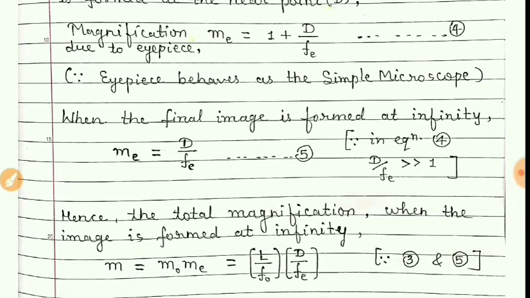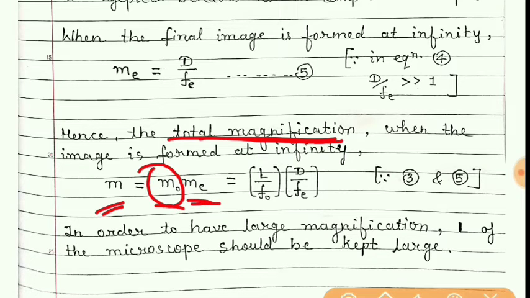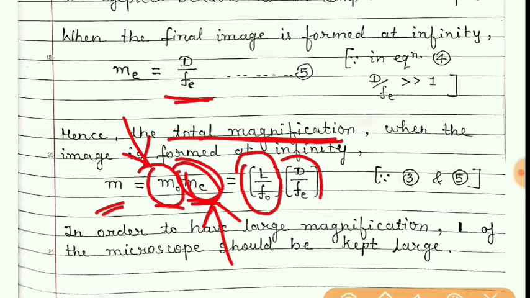Finally, total magnification M is the product of both the magnifications, that is MO into ME, magnification due to objective and magnification due to eyepiece. But MO is equal to L upon FO and ME is equal to D upon FE.